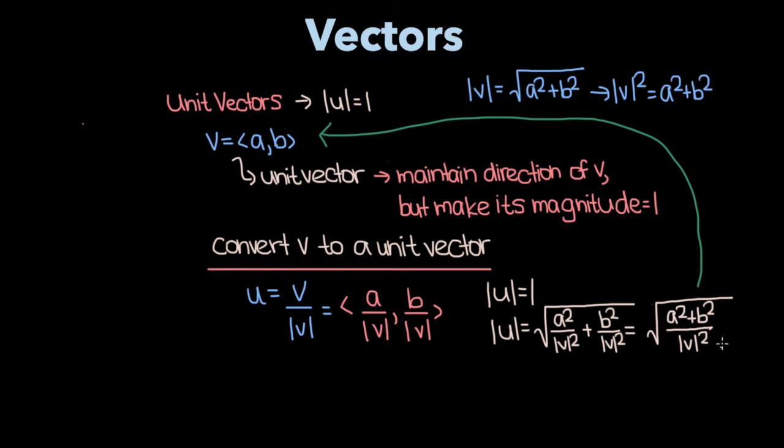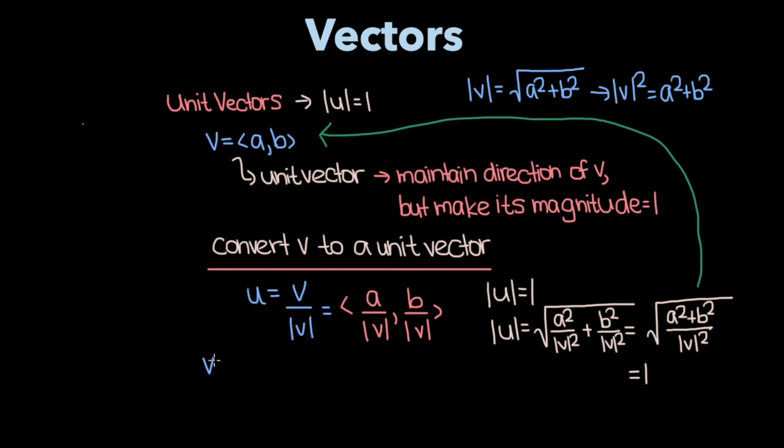And if the magnitude of v squared is equal to a squared plus b squared, when we divide those two things, we're going to get 1. So the magnitude of u is going to be the square root of 1, which is 1. And so we've also shown that we've converted v into a unit vector that has the same direction and a magnitude of 1.